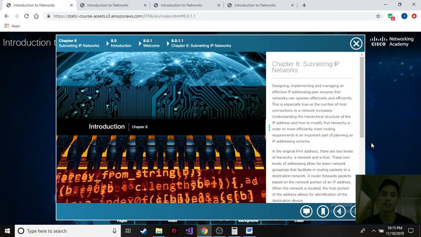Understanding the hierarchical structure of the IP address and how to modify the hierarchy in order to more efficiently meet routing requirements is an important part of planning an IP address scheme. So let's try and answer some activities in chapter 8 for more ideas and for better understanding.